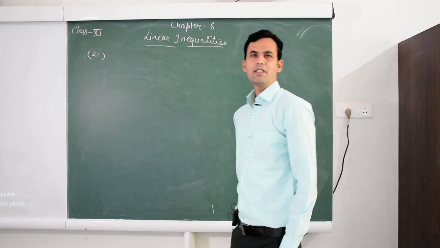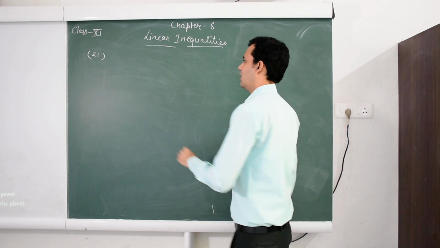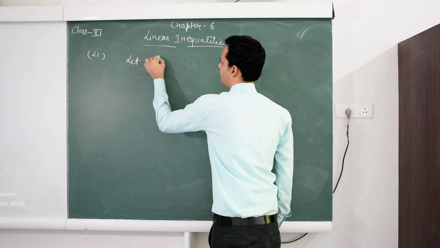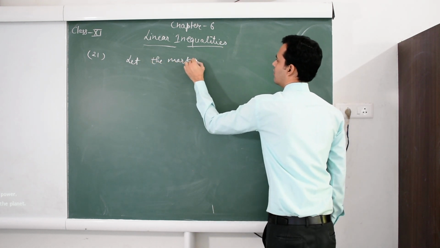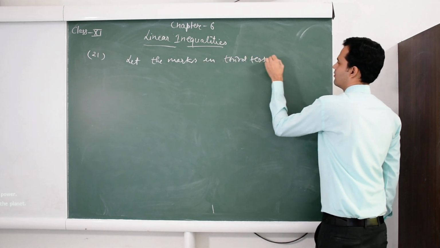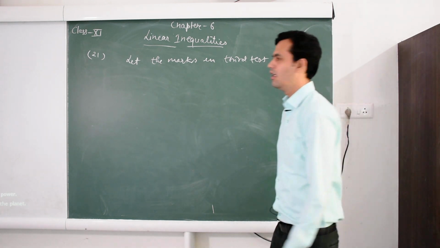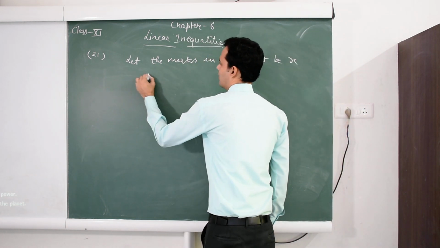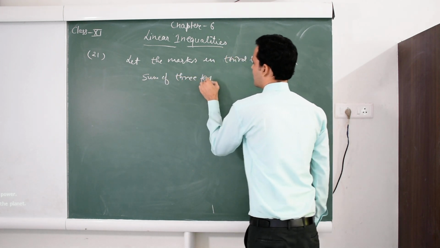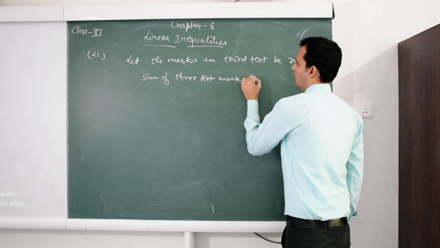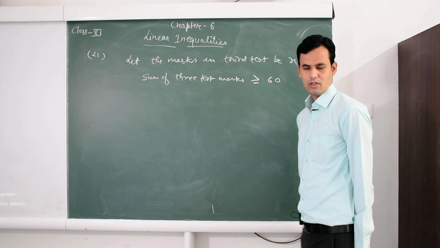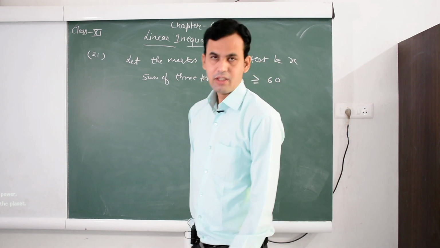Okay. So Ravi got 70 and 75 marks in the first two tests, and the marks of the third test we take as x. Let the marks in the third test be x. Okay. And the average of the three test marks is greater than or equal to 60.